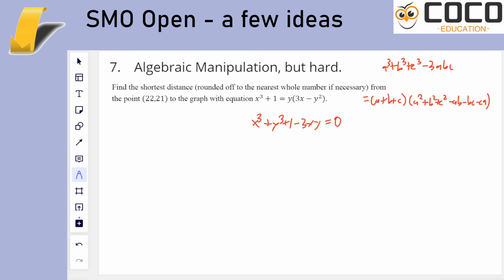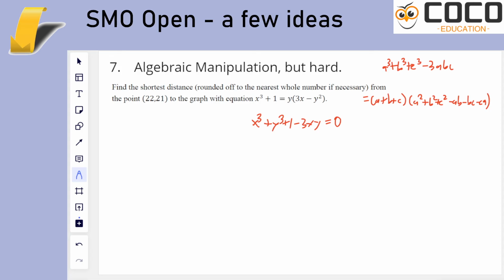The important reason why you want to know some of these identities is that for the SMO Open, they're most likely not going to just give you a question that is so obviously a difference of squares or something that is so obviously simple. It will use slightly more complicated identities, but in terms of approach, it's the same. It just uses a more sophisticated result.